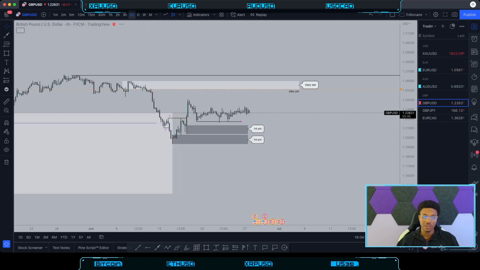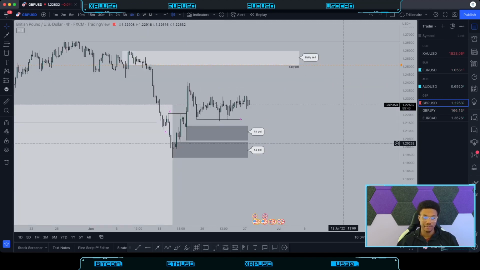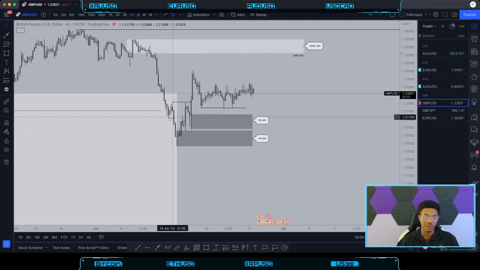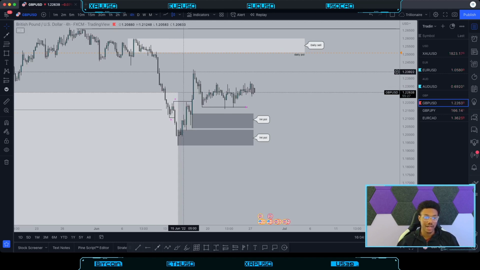Now, if we go down into a little bit more of the specifics on the H4 time frame, we can see that we do have a valid pullback here. Now, if you guys want to know the difference between a valid pullback and a pullback that is still a part of the current trend, also let me know in the comments down below, and I don't mind dropping a video like that on you guys. Like, for example, this is not a pullback here, this is not a pullback here, yet this here is a valid pullback.